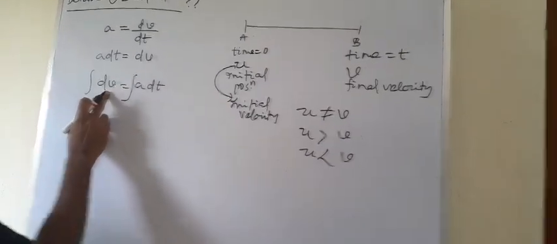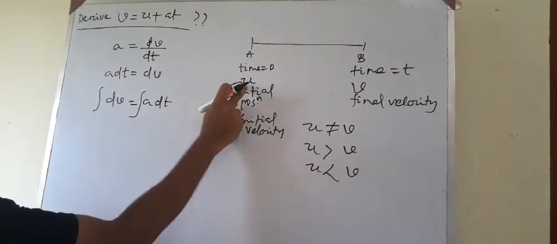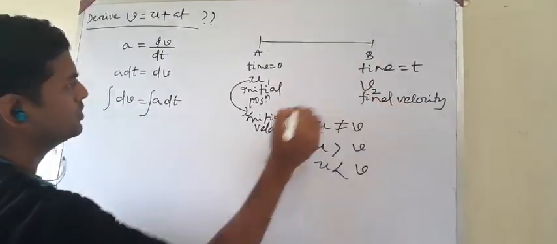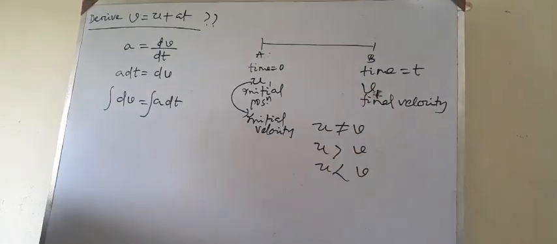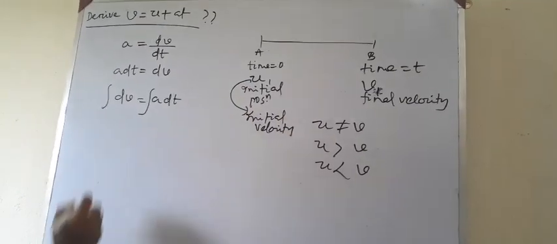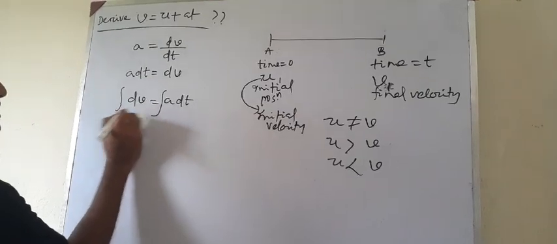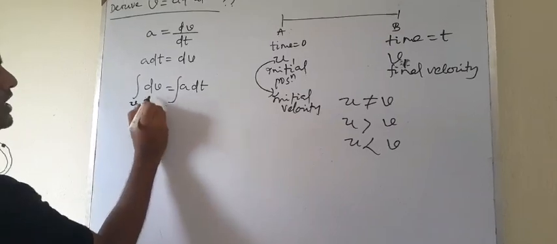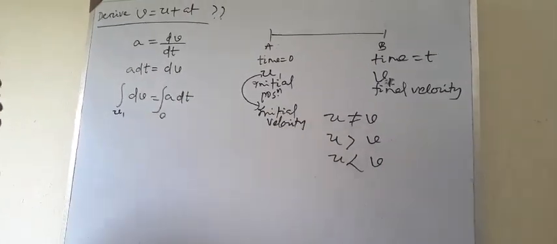So for dv, what will be my initial limit? When time equal to 0, the initial velocity is u. In order to avoid confusion, since I am using v here, I am taking my initial value as u1 and final value as v1. Here the variable is velocity and velocity is changing, so I am taking the initial value of velocity as u1. When the initial value of velocity is u1, at that time the initial value of time is 0.